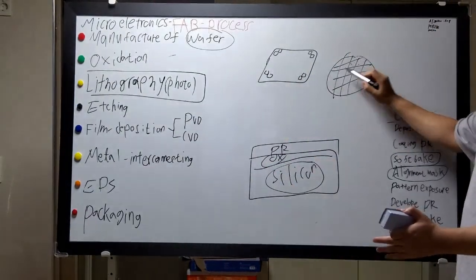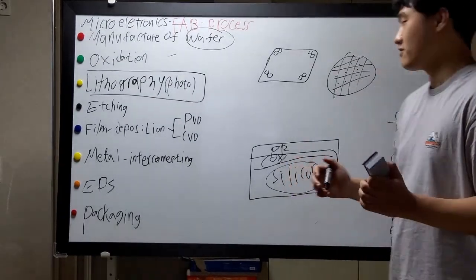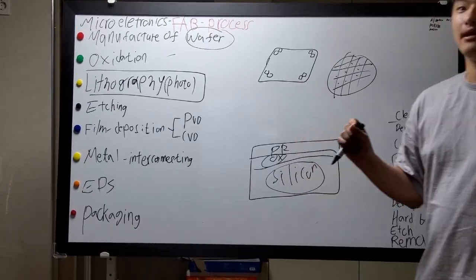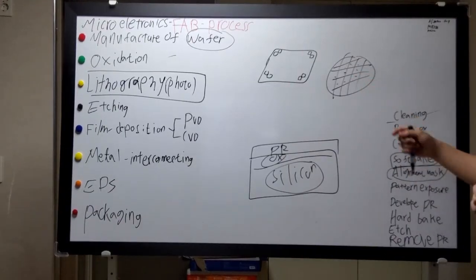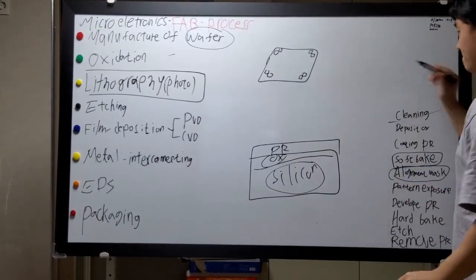So 1, 2, 3, 4, 5, 6, 7, 8, 9. Nine times will be repeated. So you adjusted the machine to make the microelectronic circuit here.